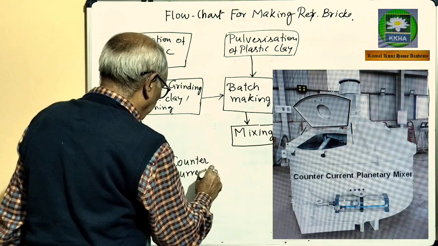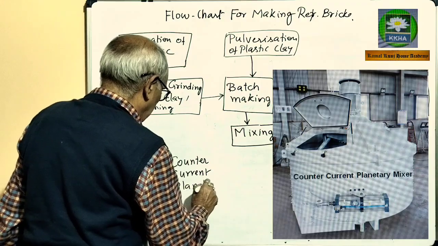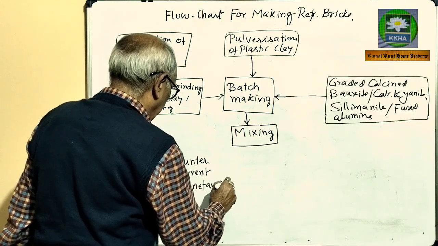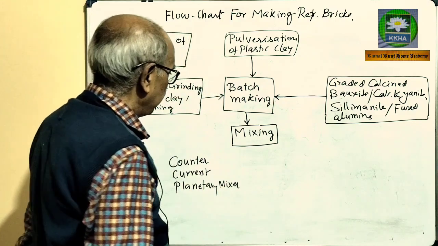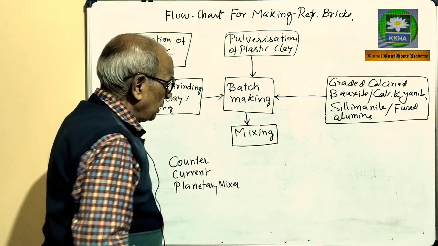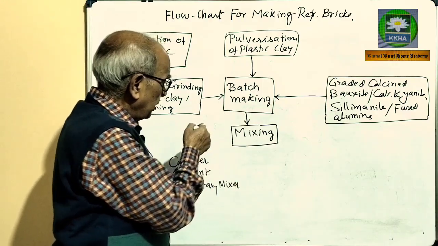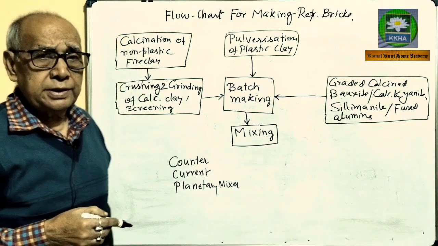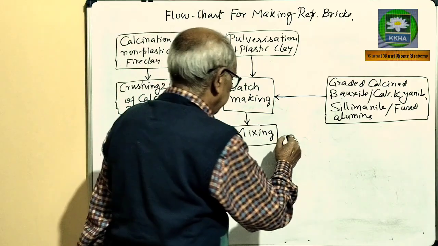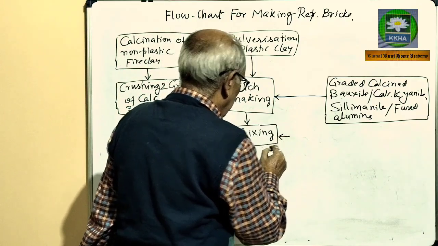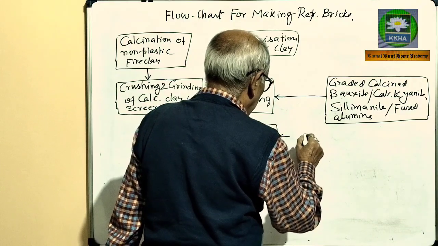The batch is charged in the mixer, then dry mixed for 2 to 3 minutes, then binder is added, and finally mixed for 10 to 15 minutes.